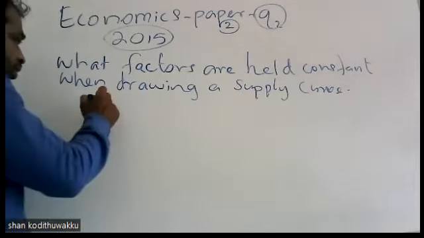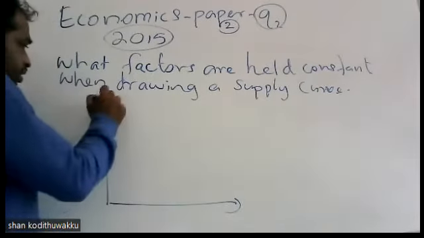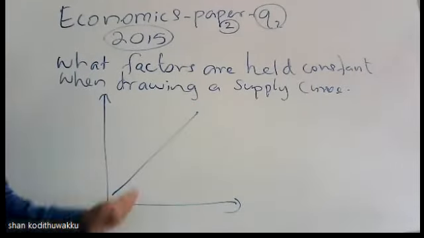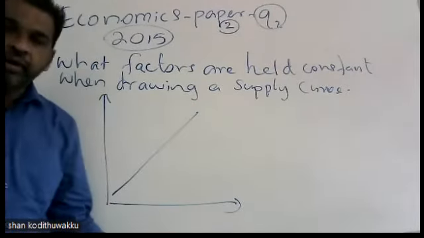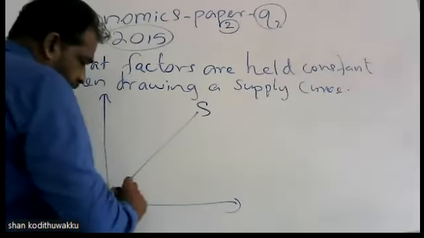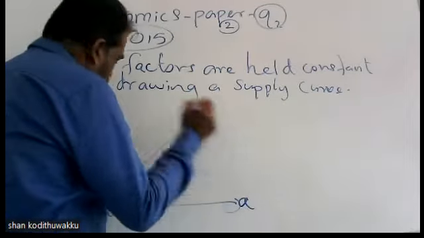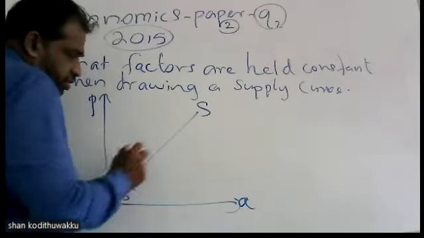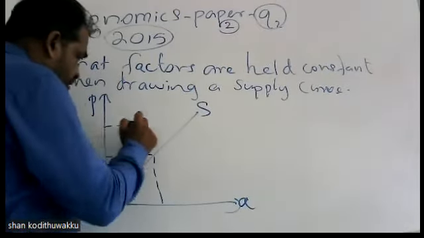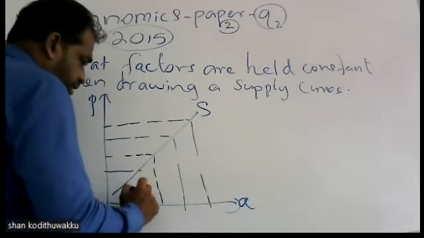Now this is the supply curve. We can have different types of supply curve depending on elasticity, but in the simple supply curve, this is Q quantity, this is P, the supply curve.